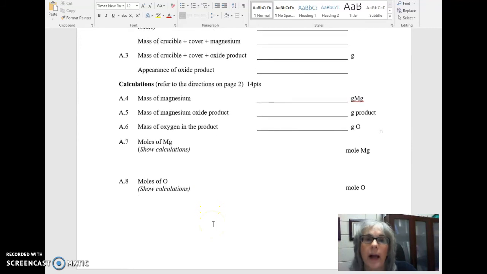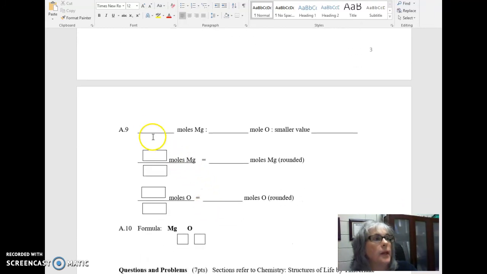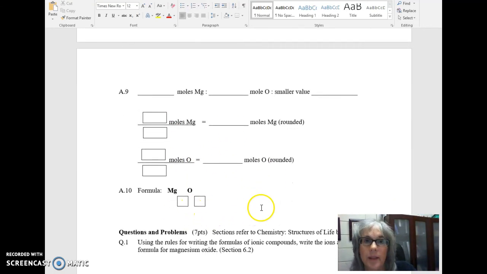Well, you still won't have small whole numbers. You'll have to take the smallest one, do that here. They will not be small whole numbers. What's the smaller value? You're going to divide both of the numbers by the smaller value, and this will give you small whole numbers, and you'll be able to write the formula.